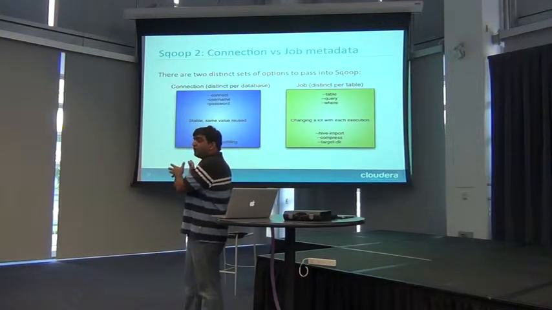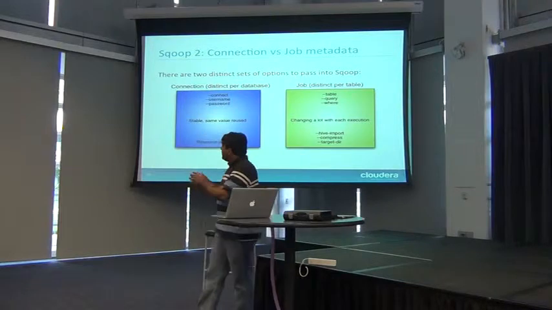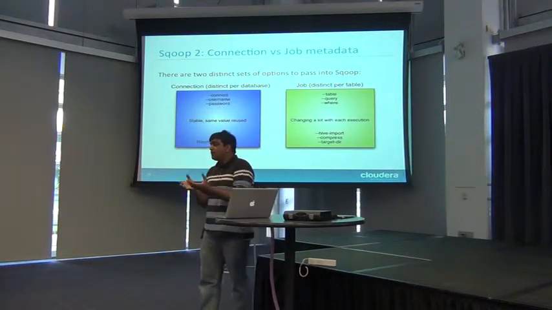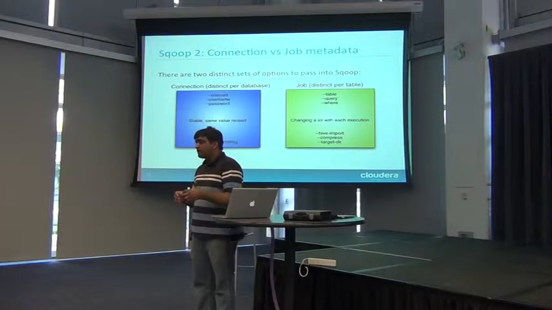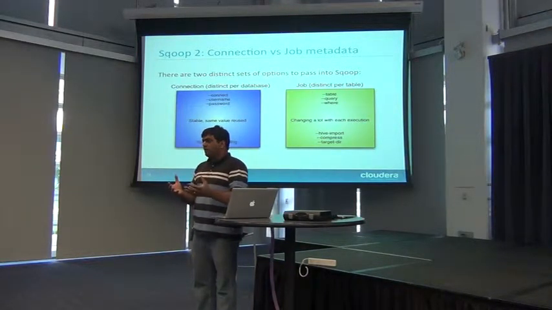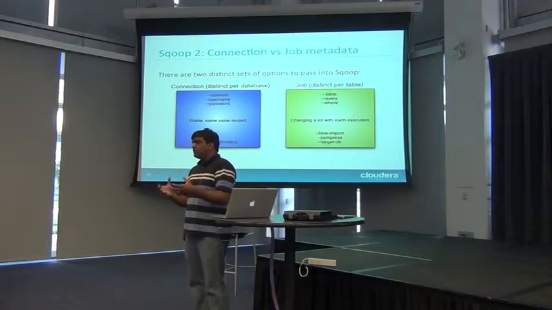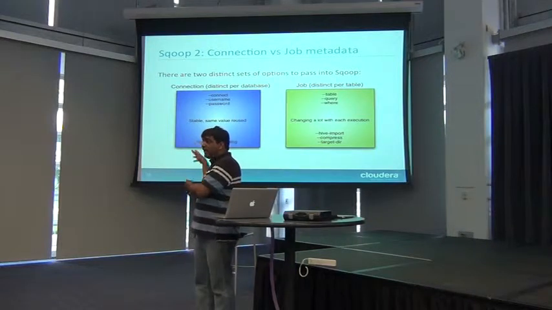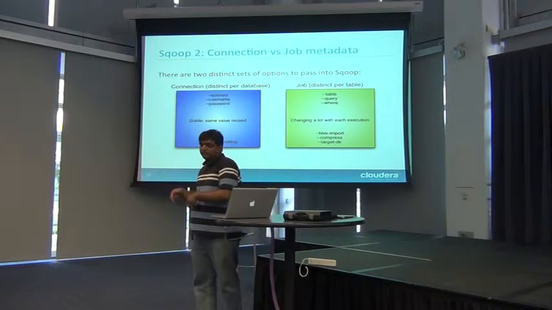All that would go into a connection. The idea is that this connection would be persistent in Sqoop itself. Sqoop would have a repository where all this connection information is saved, and giving role-based access to users would mean that administrators would be the only ones who create and change these connections.